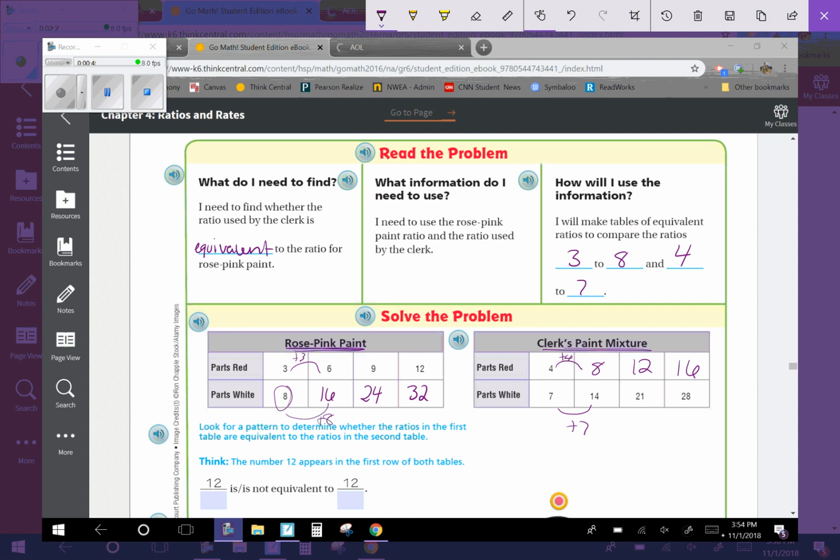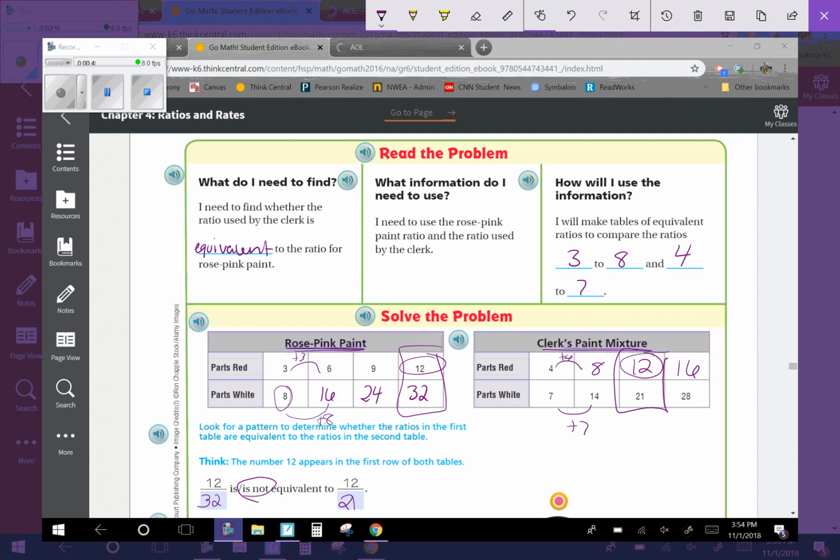So think, the number 12 appears on top in both tables. Over here we have 12 to 32, which is not equivalent to what we have over here, which is 12 to 21.